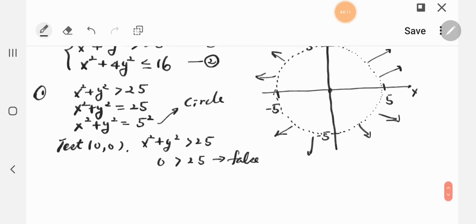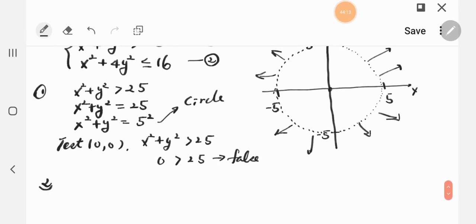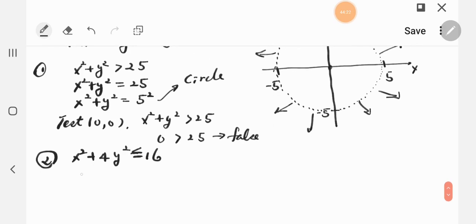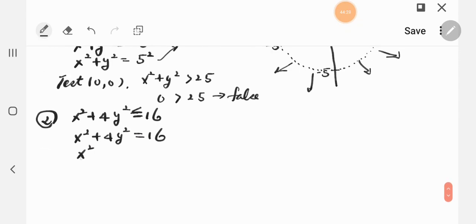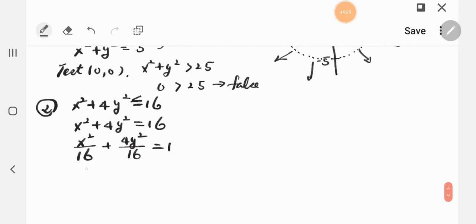All right, let's try the second inequality. This time this inequality is an ellipse. So let's make an equation first. Divide each side by 16. Then x squared over 16 plus 4y squared over 16 is equal to 1. Then x squared over 4 squared plus y squared over 4.